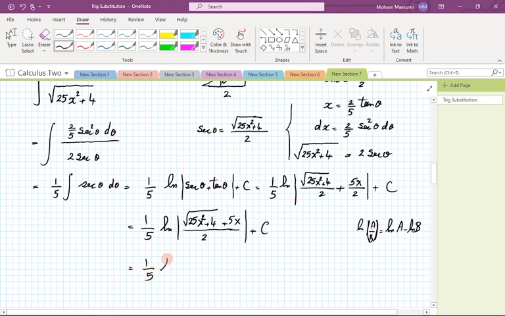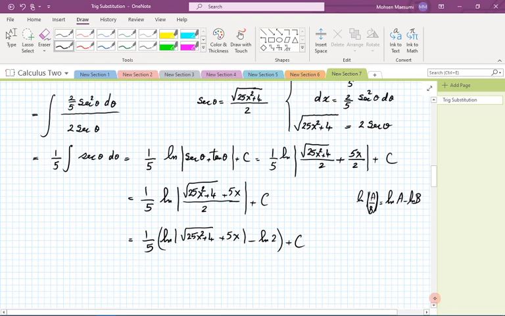So we have 1/5 of the logarithm of the numerator, 25x squared plus 4 plus 5x. Then I have to subtract the logarithm of 2, plus a constant.